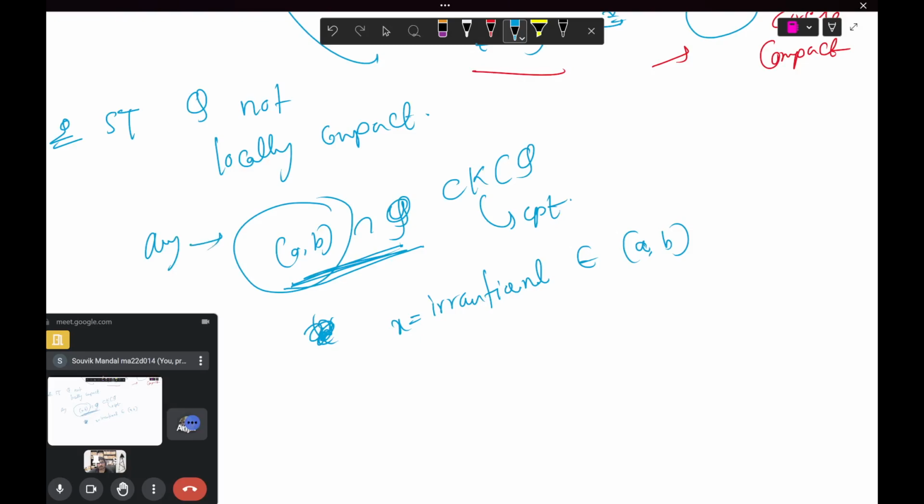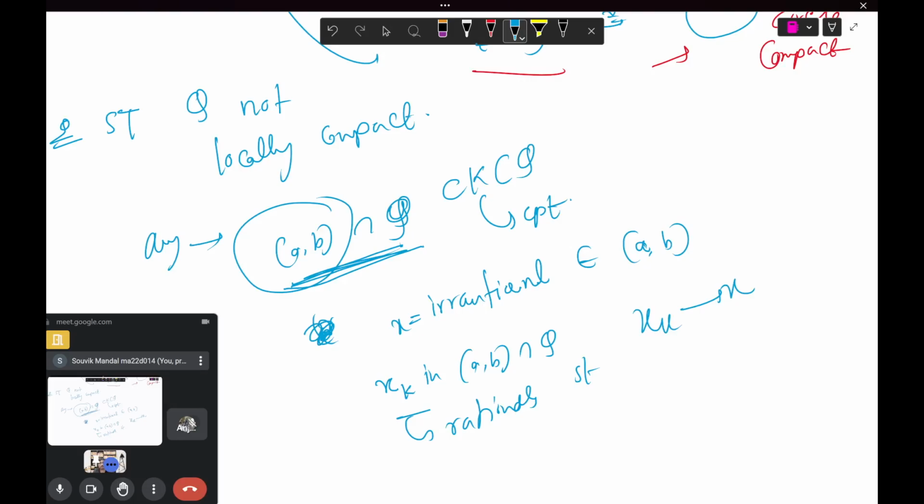Correct. So x is an irrational number in the open interval (a,b). So obviously we can get a sequence xk inside (a,b), a sequence of rationals, such that xk converges to x.